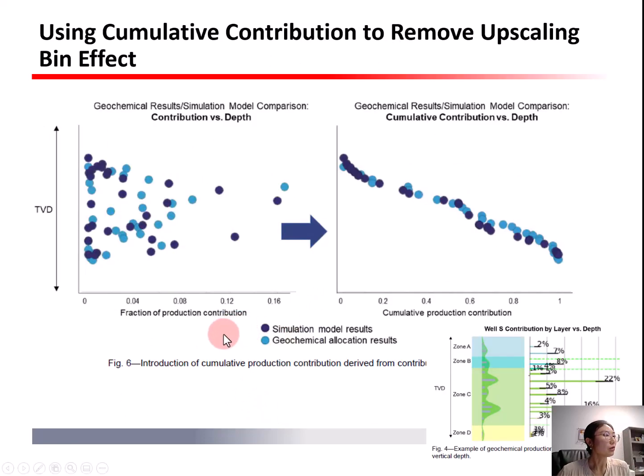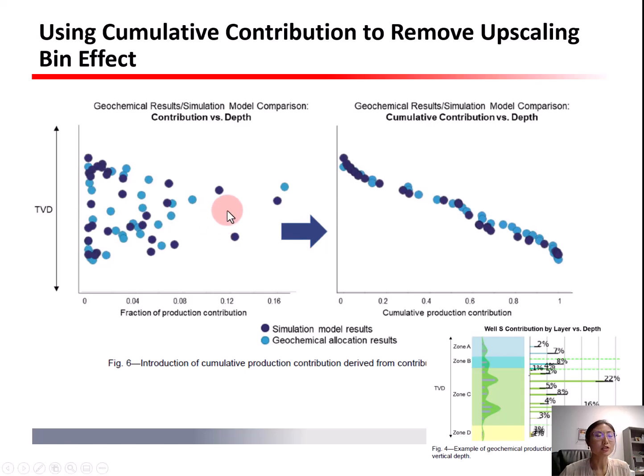So in order to match between the model and the geochemistry data, first we need to resolve the upscaling problem, this upscaling issue, right? Because the vertical resolution of production allocation is about 10 to 15 feet. However, the size of the beam for the model is anywhere between 5 to 200 feet.